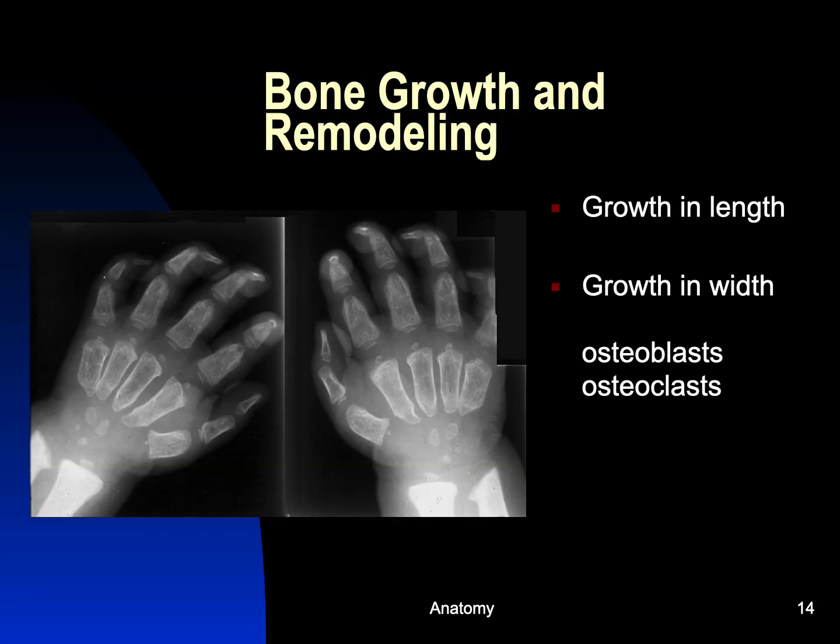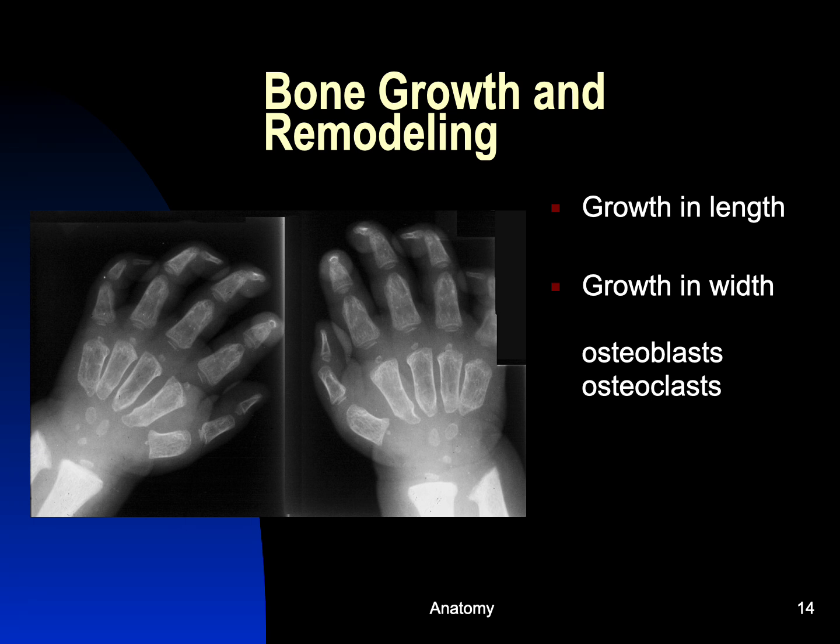Okay, so bone growth and remodeling occurs throughout. Growth occurs mainly during the early years, but remodeling occurs throughout life. Bone growth in length occurs at these epiphyseal discs at the ends of bones. And so you can see this child's hand here.